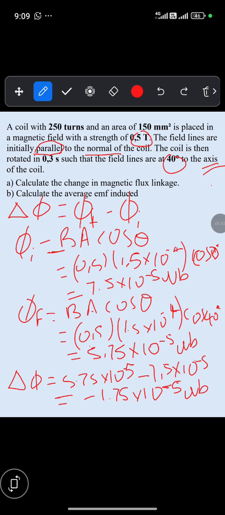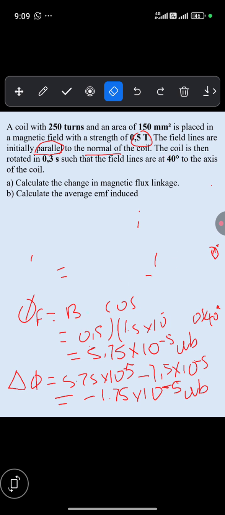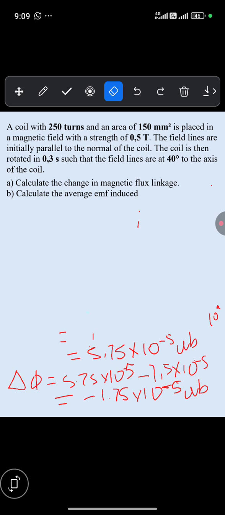The next one is to calculate the average EMF induced.